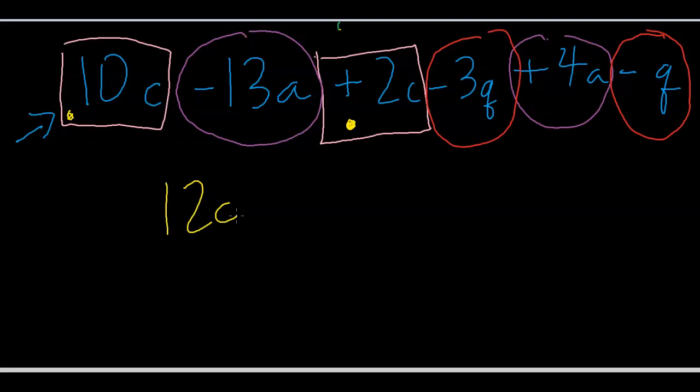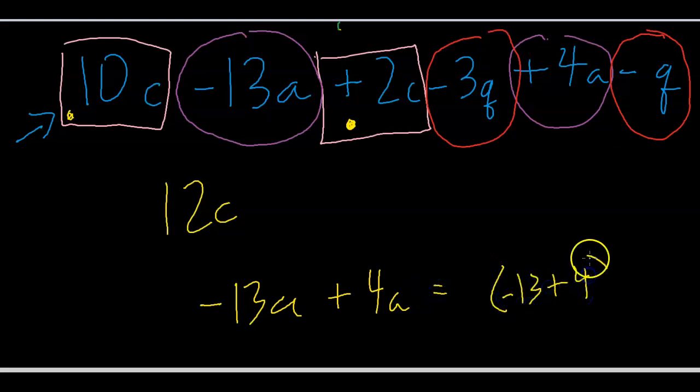All right, so what about our a terms? Well, we're starting with negative 13a, and then we're adding positive 4a, right? So that means we have negative 13 plus 4a, right?